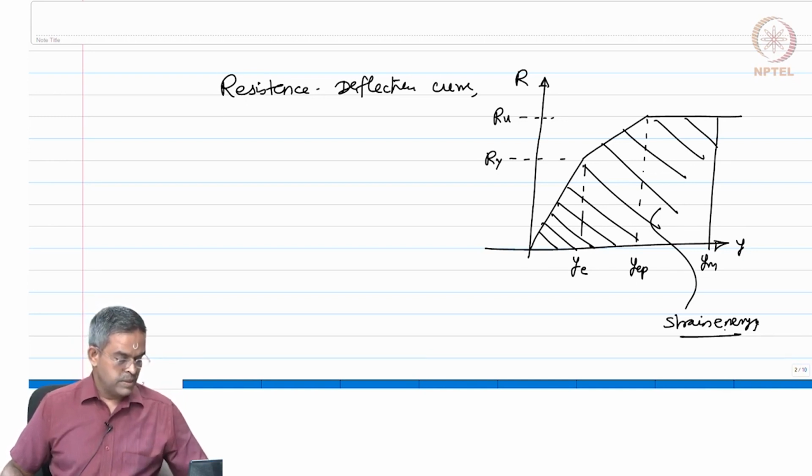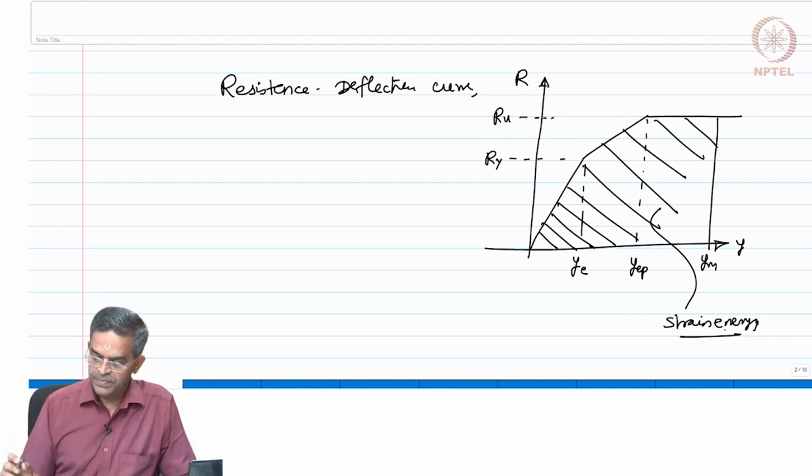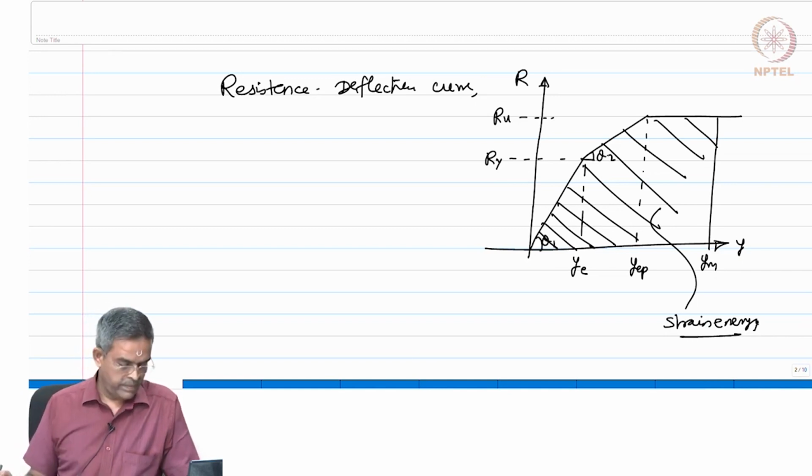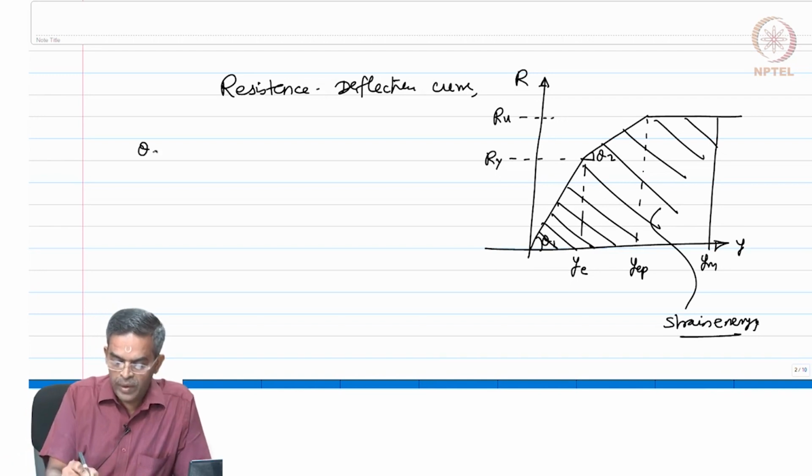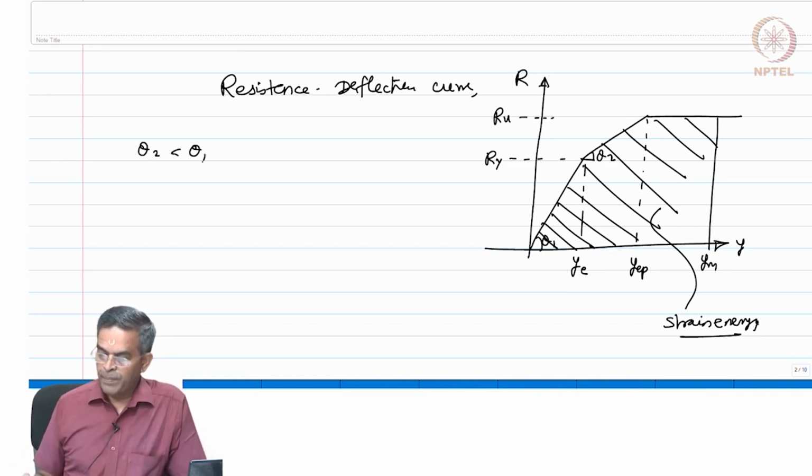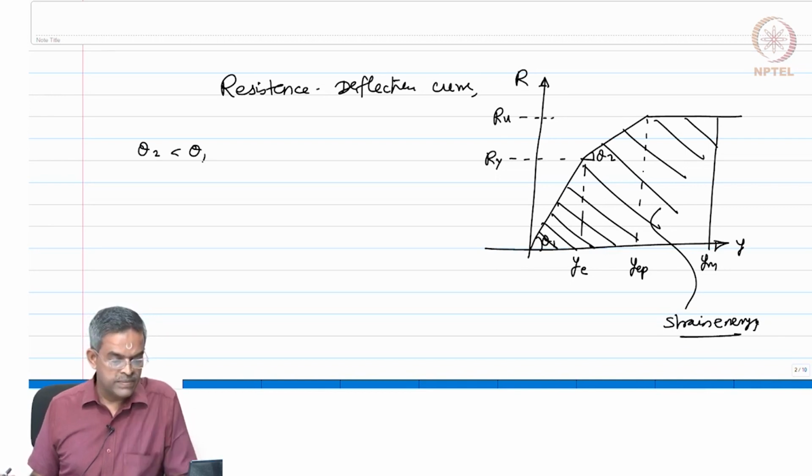So, when the material reaches the yield point, beyond that the slope changes and the slope is lower compared to the earlier one, which is in the elastic region.